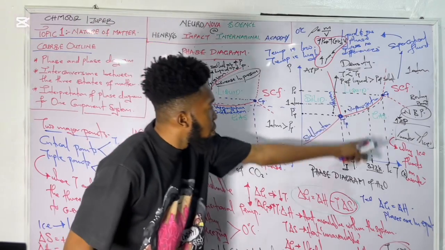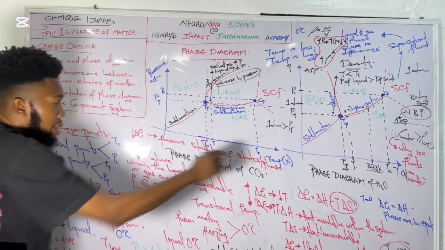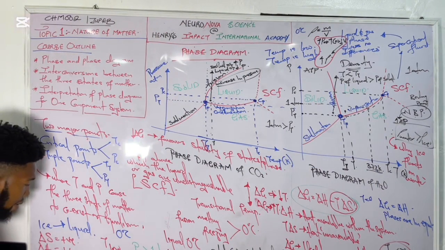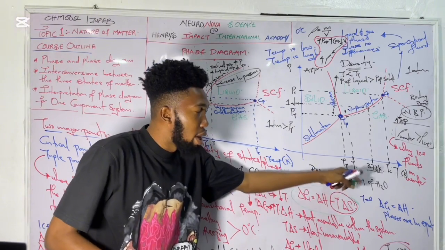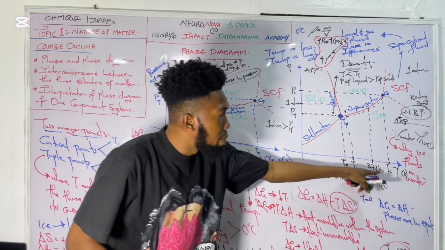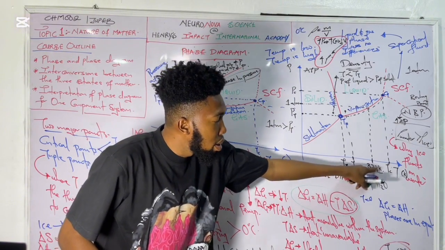Now, what about the temperature side? We can now see that TC, these are references, they call it reference points. Is TC greater than 373 or less than 373? TC must be greater than 373.